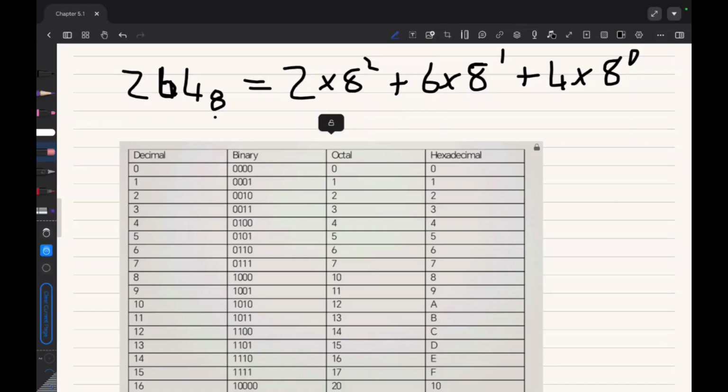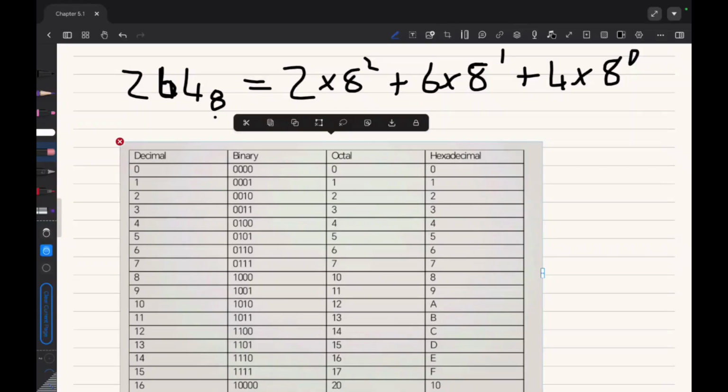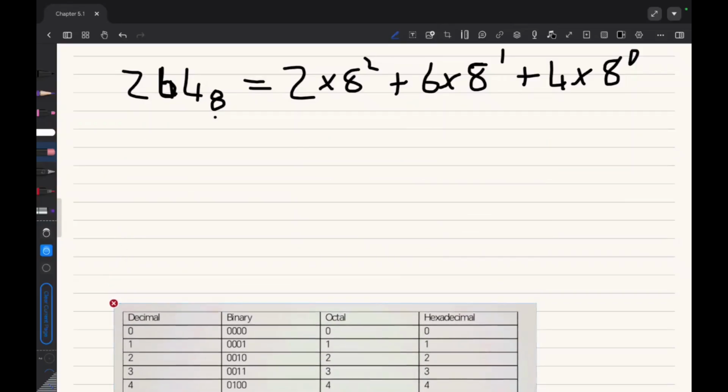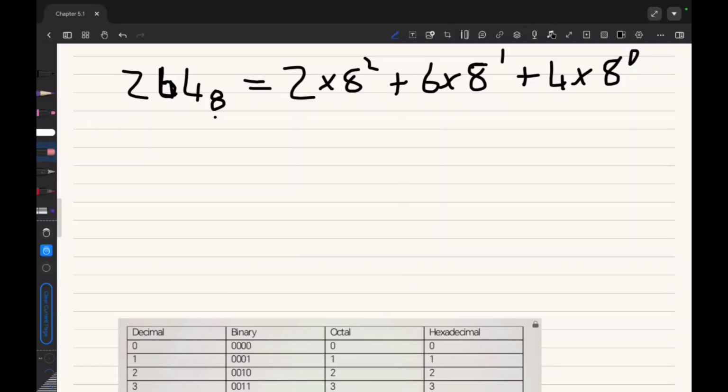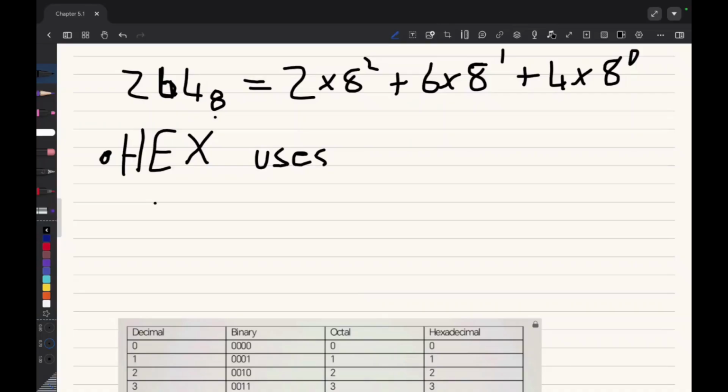Then we have the last one, which is the hexadecimal system. The hexadecimal system uses base of 16.